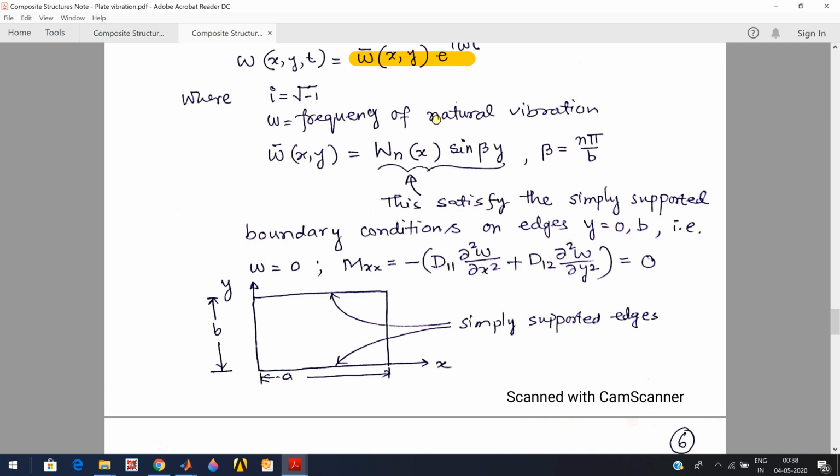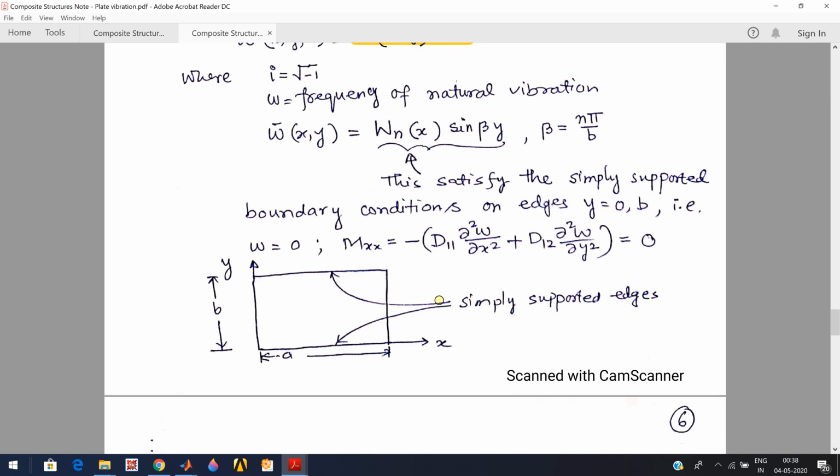If we put this in these two equations, you will see they satisfy this boundary condition at edges y equal to 0 and y equal to b. So these edges will be simply supported, whereas the x equal to 0 edge and x equal to a edge can have any boundary condition among free, clamped and simply supported.